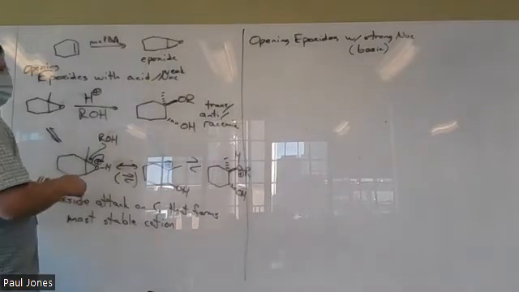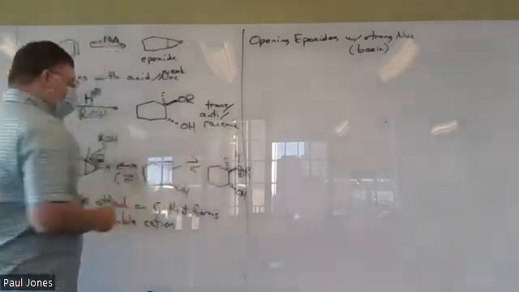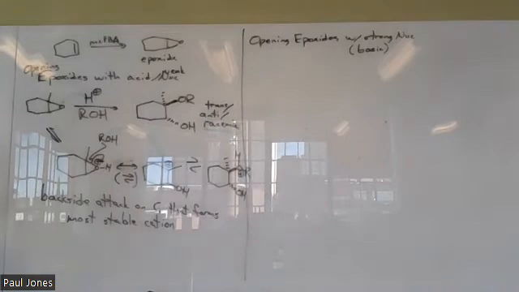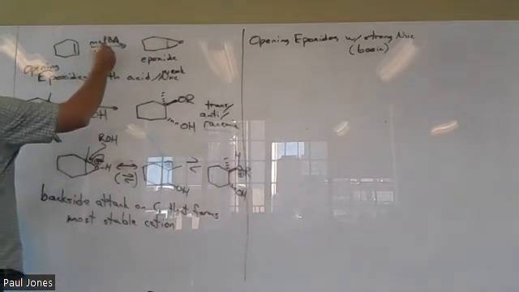And this is racemic. Where does the stereochemistry get set? This is sort of a weird question. It's not obvious. The stereochemistry for this reaction happens here.